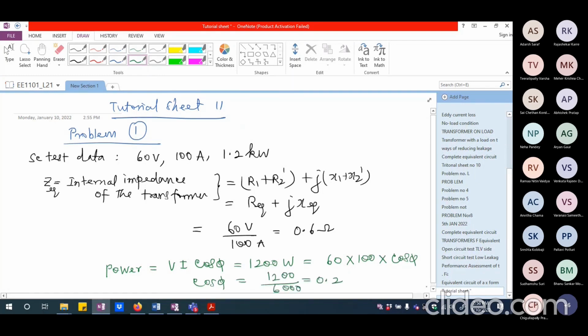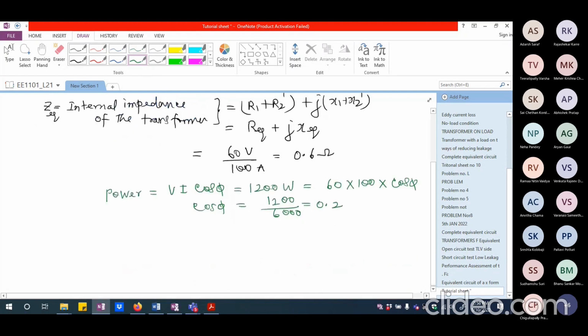So that is going to be 0.2. The power factor happens to be pretty low in the case of this particular transformer. So it is 0.2. So I can say Z equivalent cos phi is going to be R equivalent, and Z equivalent sin phi is going to be X equivalent.